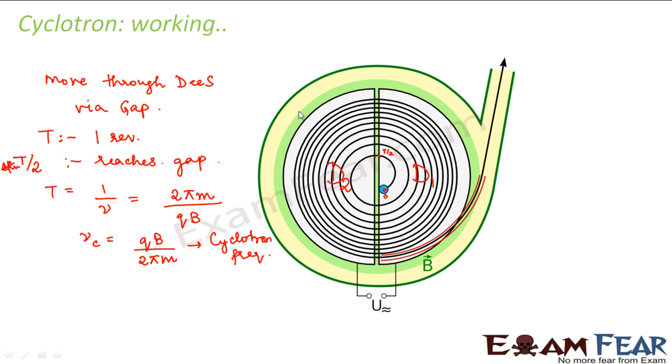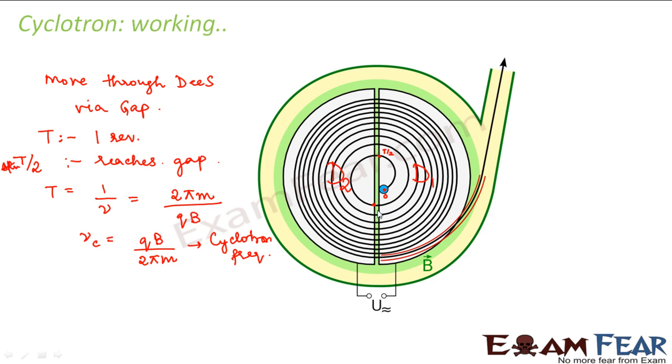As soon as it reaches the edge of D2, the polarity is again reversed such that D1 is at a lower potential, so the charged particle again moves from higher potential to lower potential. It jumps to D1, and again gets accelerated by the electric field applied at the gap.